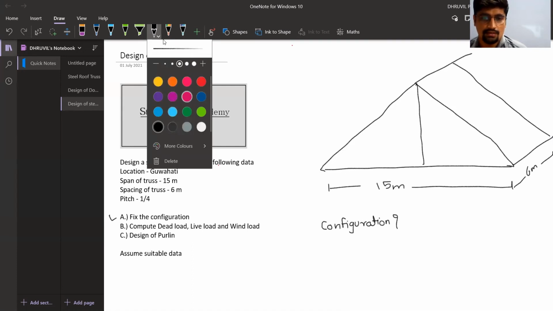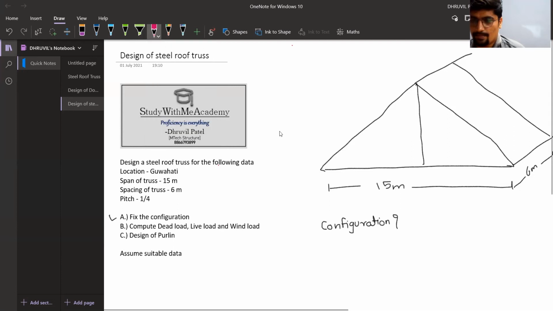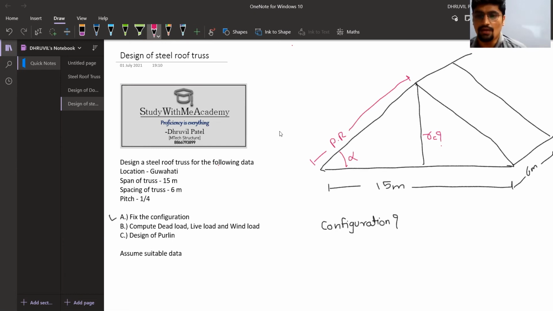Let's start. This is the central rise that is missing. Then length of PR, PR means principal rafter, that is also missing. Then alpha, which is the angle of repose. Then plan area.